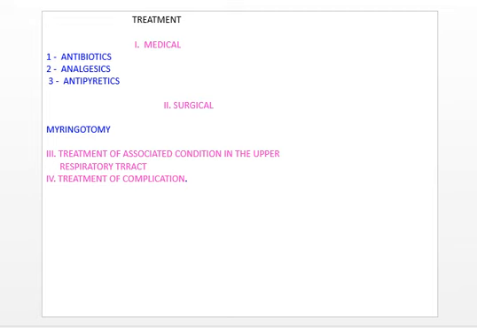Now, apart from this treatment, the treatment of associated conditions in the upper respiratory tracts should also be considered, which we have already discussed, which are predisposing factors for infection in the middle ear. And if some complication occurs, we can treat the complication accordingly. Thank you.